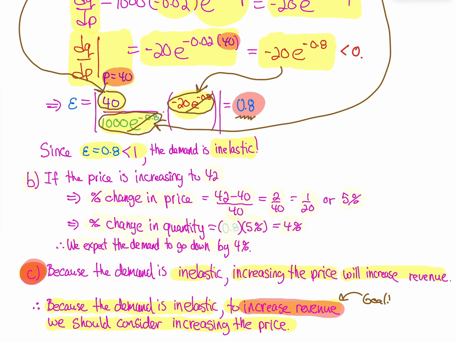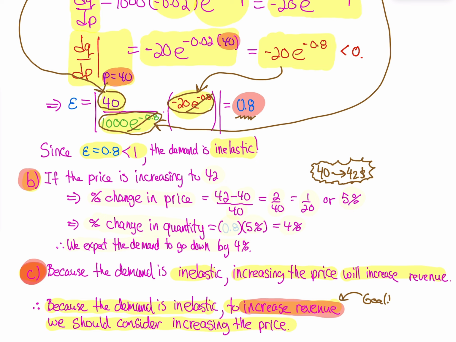Then we have an example of the effect of this inelasticity with part B. What is the percentage change in demand if the price increases to $42? Right now it's at 40 and we're increasing to 42, so we're increasing the price by $2. We want to know what will be the effect on the quantity. Of course it's going down, but we want to know by how much.